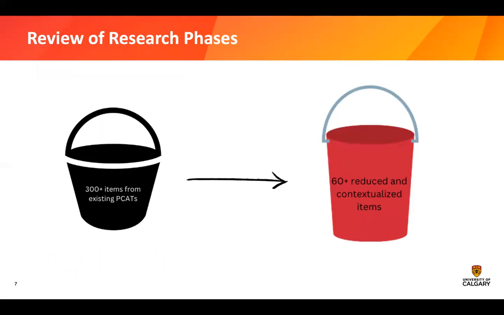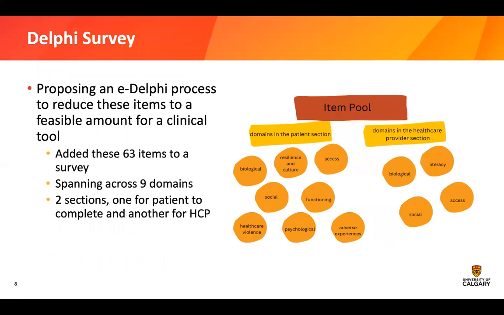So we had this item pool of over 300 items from existing PCATs, and based on our research and our interviews, we turned it into an item pool of over 60 items of reduced and contextualized items. But having over 60 items is still a lot for a clinical tool.